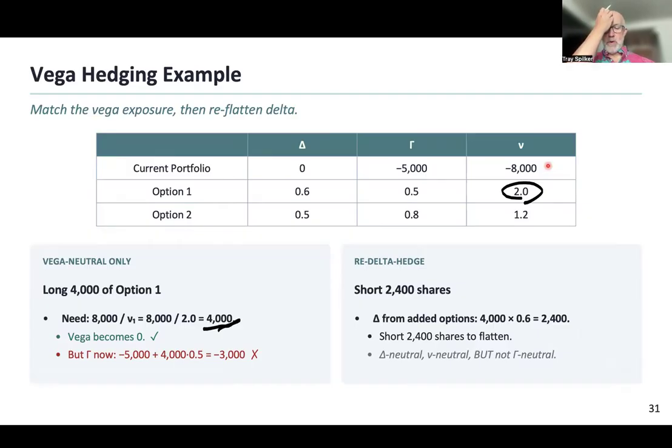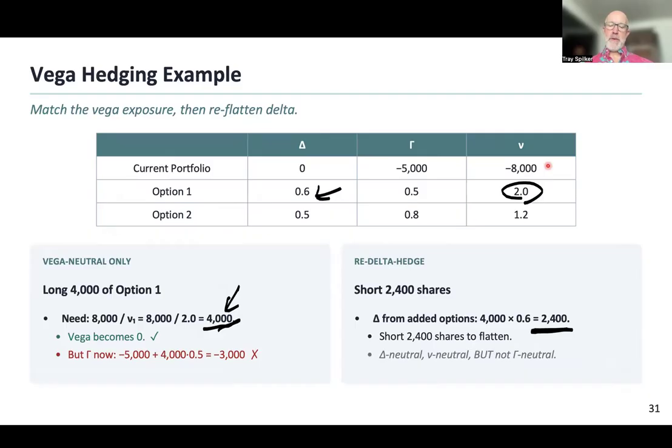Now, the problem, of course, is that this adds some delta to our portfolio, right? So if we buy 4,000 of option 1, well, option 1 has a delta of 0.6, which means we now have a positive delta exposure of 2,400.